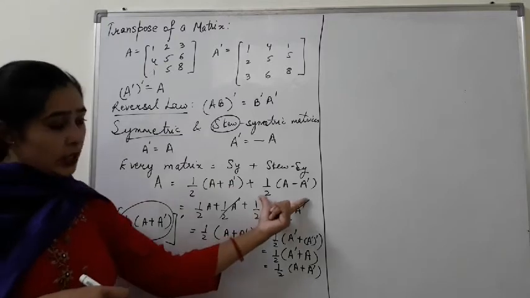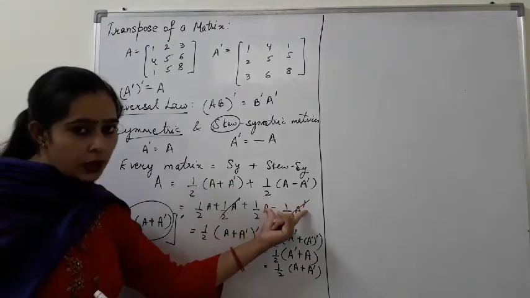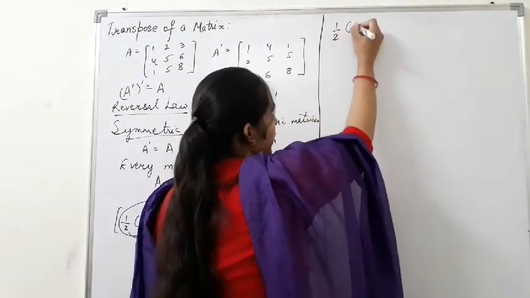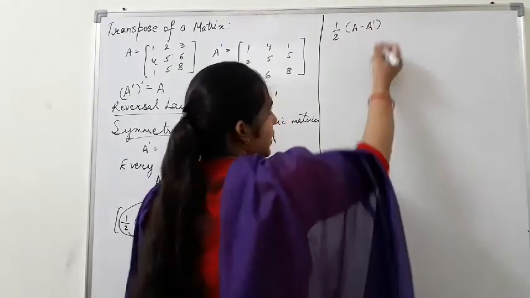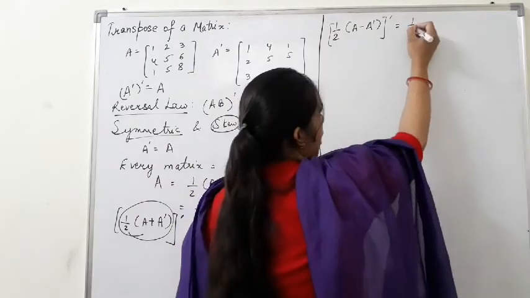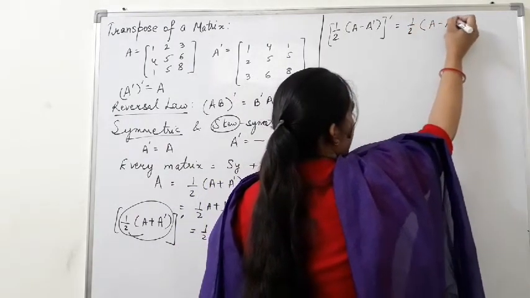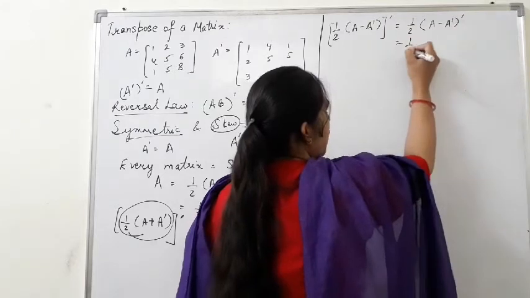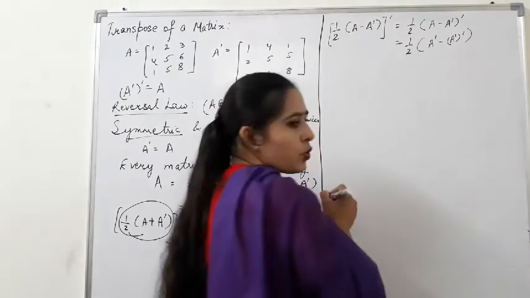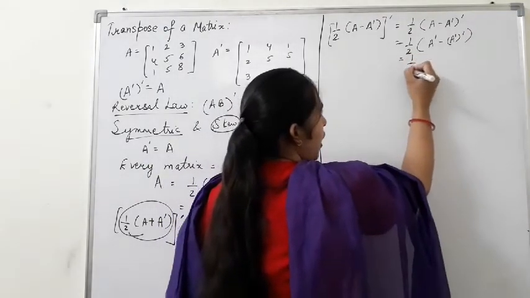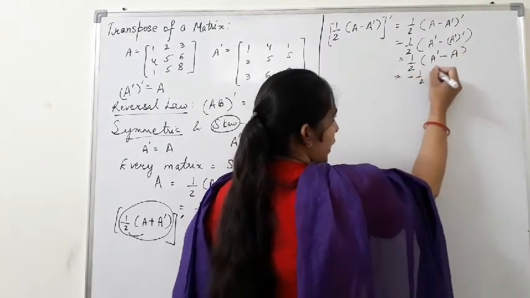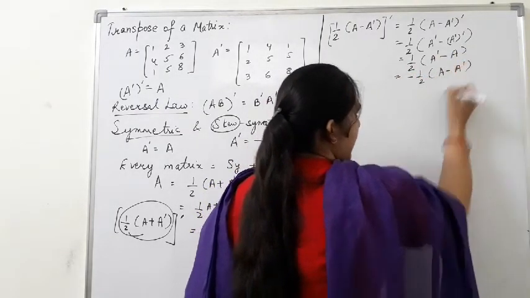Now let us check the next part, whether it is symmetric or skew symmetric. Next part is half of A minus A dash. Let us find the transpose of this part. This is half of A minus A dash, whole dash, that is half of A dash minus A dash dash, that is transpose 2 times. This is equal to half of A dash minus A. If you take a negative sign outside, you shall get A minus A dash here.